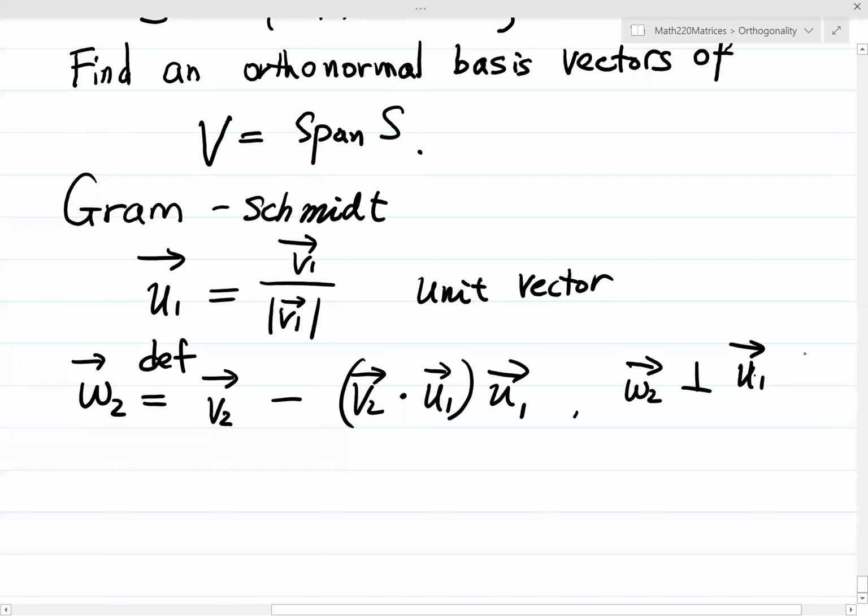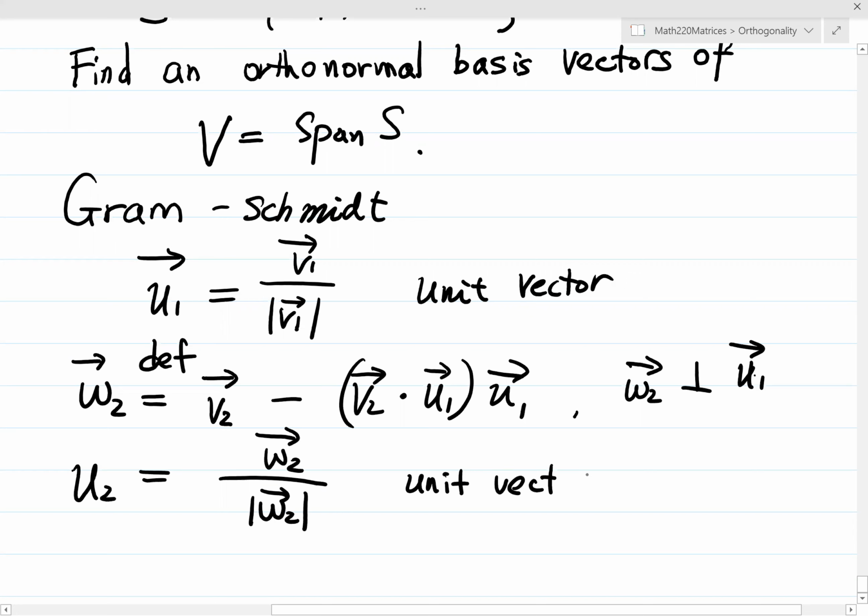We let U2 be the vector W2 divided by its norm. Then this is a unit vector, and by definition U2 is perpendicular to U1.